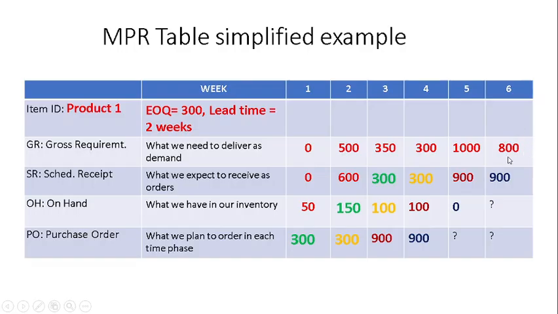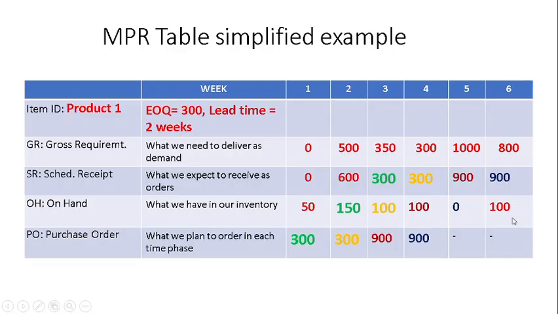So I need to order 800 items. But as I said before, I cannot place an order of 800. I need to place a multiple of the economic order quantity, so the smallest order could be 3 times 300, so it could be 900. This way, I can work on week number 6.